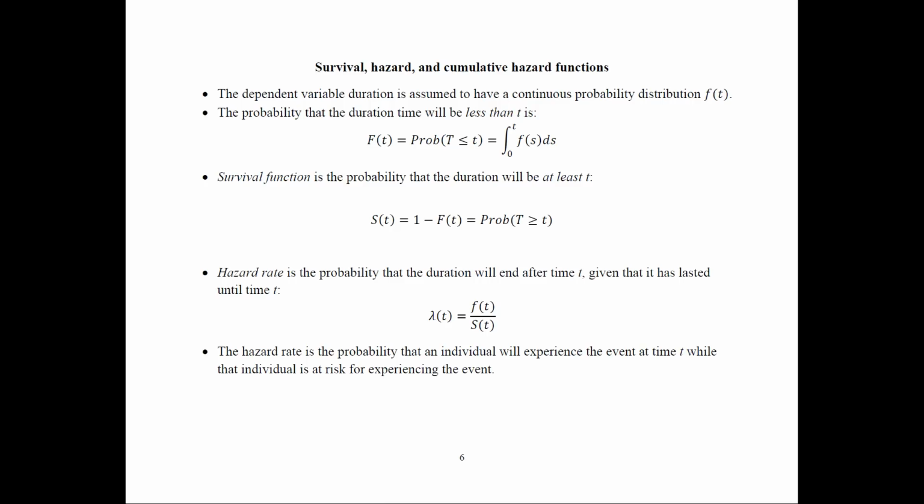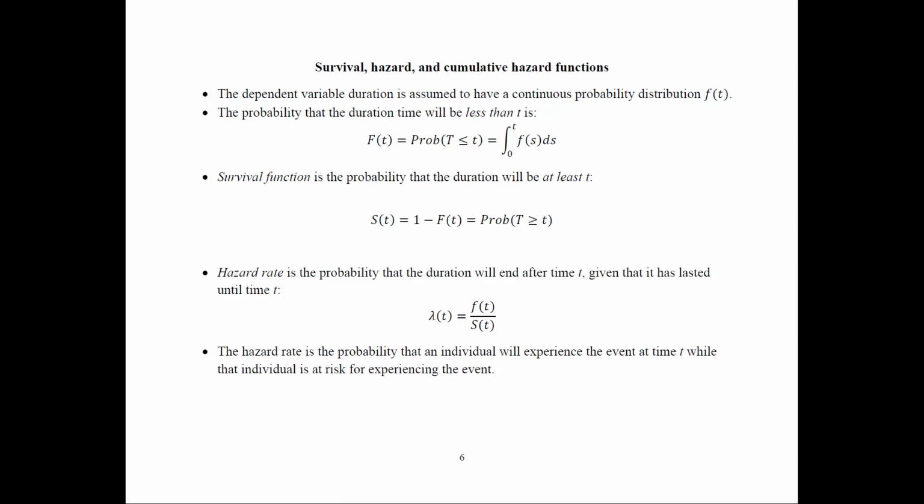So on this slide, I have things defined in a more mathematical way, and we will talk about survival, hazard, and cumulative hazard functions. The dependent variable, duration or time, is assumed to have a continuous probability distribution f of t.